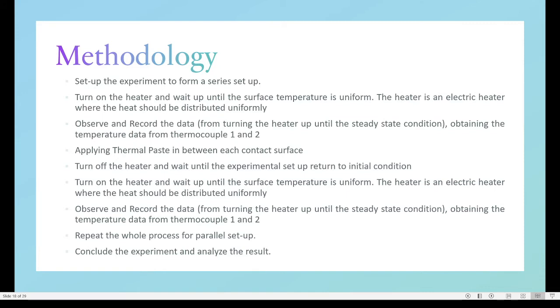After that, observe and record the data as we routinely did previously. After all that, repeat the whole process for the parallel setup, and after it is finished, conclude the experiment and analyze the final result.